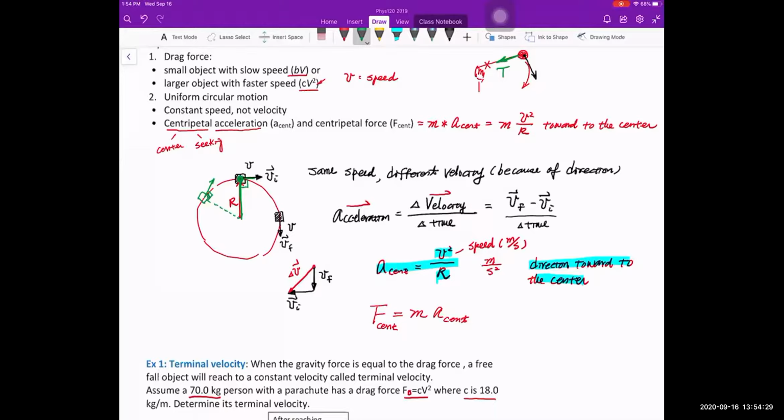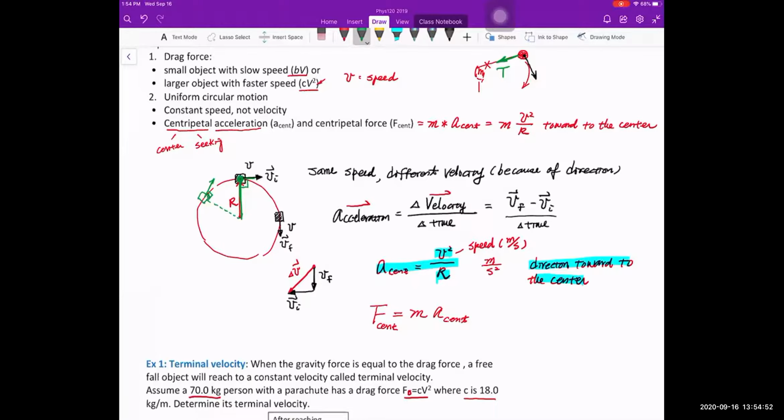And what does that tell you about the tension force and the force we just introduced to you? What is the centripetal force? The centripetal force is the force toward the center, right?